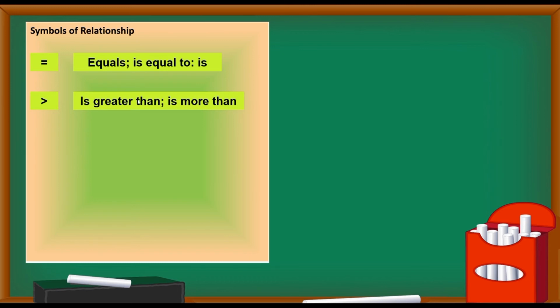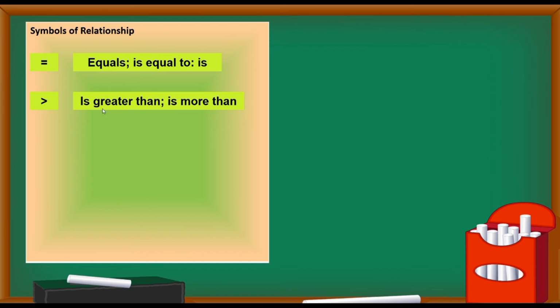Next symbol, ayan. So, that is greater than, is more than. Ma'am, di ba, symbol na yan kanina, yung greater than at more than sa addition? No. Since may term po na ginamit na "is," so, yan po ay inequalities. So, is greater than, is more than.